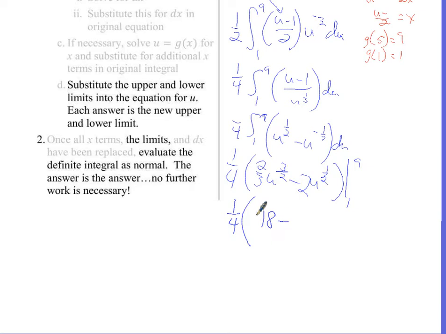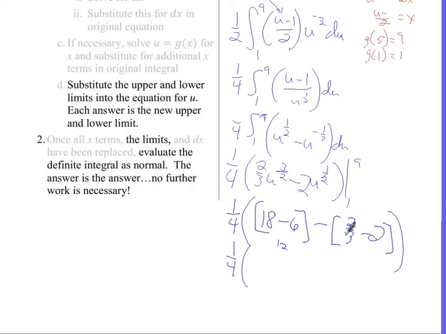Minus 9 to 1/2. 3 times 2. So we have 18 minus 6 here. That's our first part. Now minus 1 times 2/3. So 2/3 minus 2. So it's 1/4 times 18 minus 6, 12.